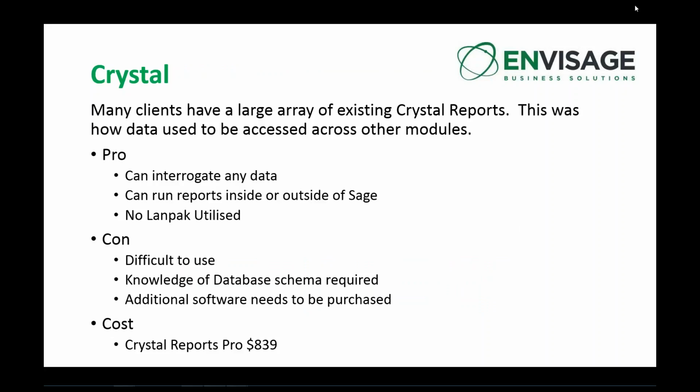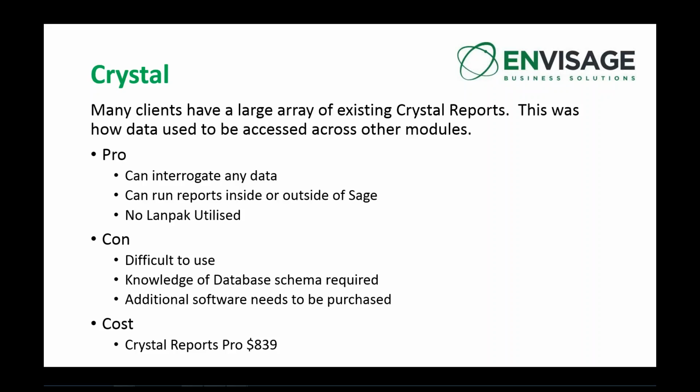For both applications, X3, CRM and Sage ERP 300, it is the tool that is utilised for modifying specifications, whether it's your invoice layout, your statement layout or your check layout. So it's still required. Whether users own a license of it or not depends on whether they wish to do editing themselves. It is an ODBC compliant tool, so it can interrogate any data.